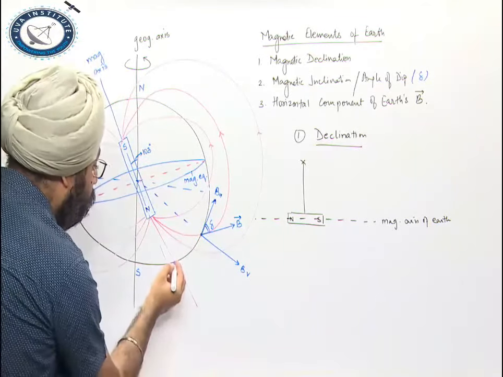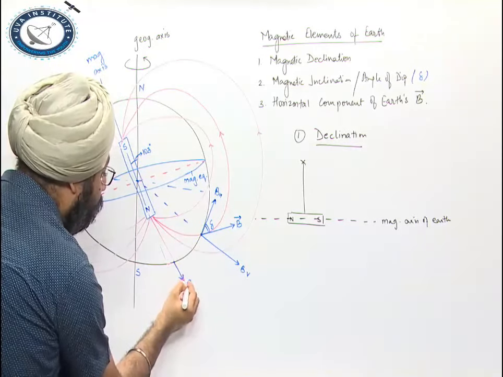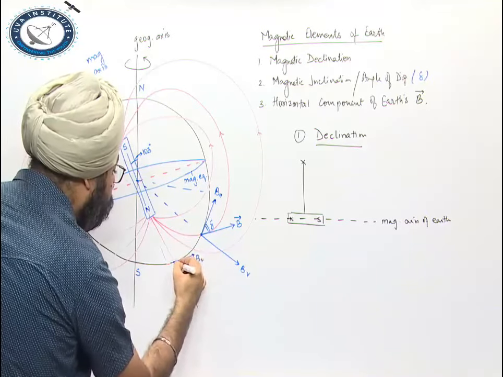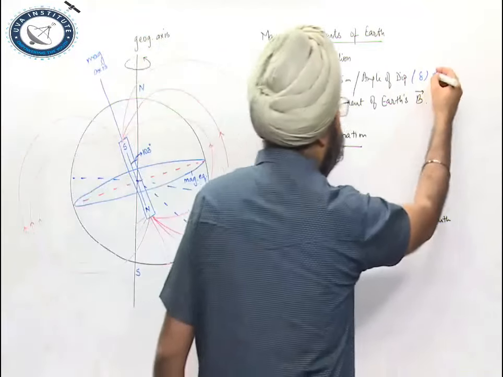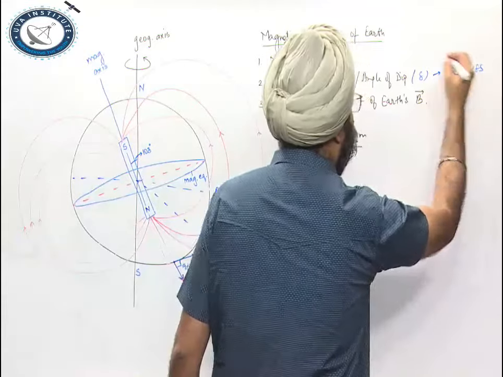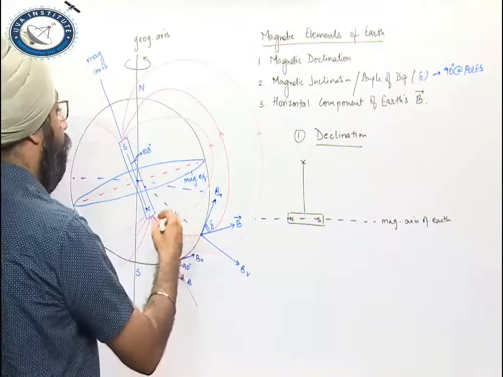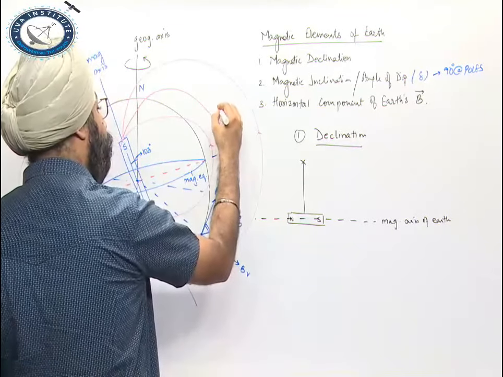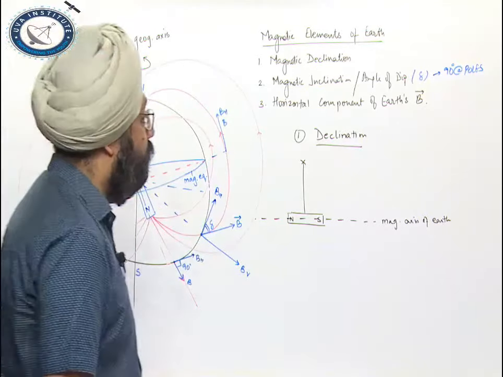We can see here, this is my resultant magnetic field B. At this point, the angle it makes with the horizontal component is 90 degree. So the angle of dip is 90 degree at poles, and if we come to the equator, at this point the resultant component and horizontal component are along the same direction.